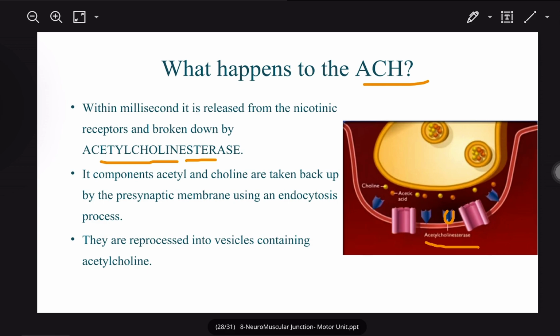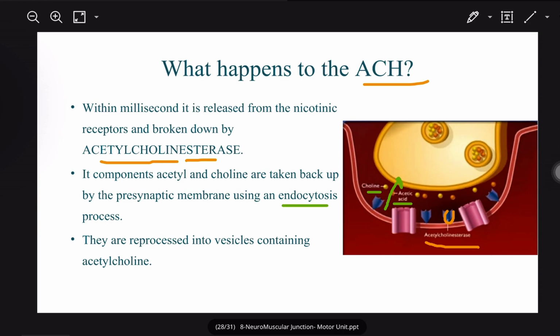What happened? It is composed of acetyl and choline, which are broken up and taken into the presynaptic membrane using an endocytosis process. They are reprocessed into the vesicles containing the acetylcholine. So they break them down into two components, which are choline and acetic acid. When they break up, they will diffuse back, and this is what we call endocytosis.